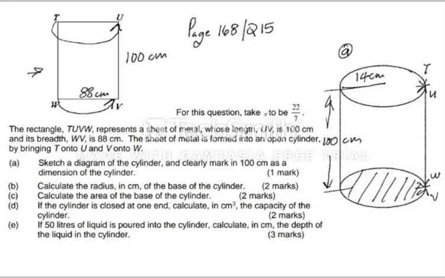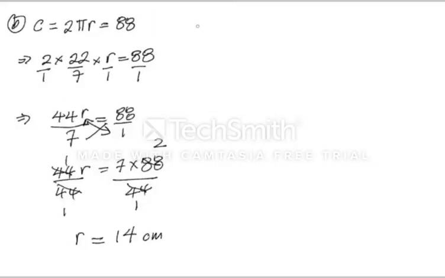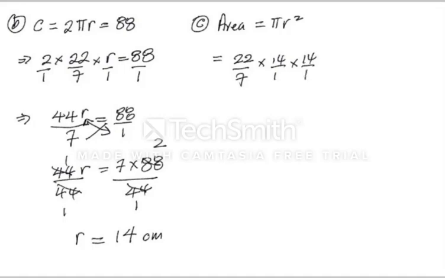It's a circle, so area is equal to pi r squared, which is 22 over 7 times 14 over 1 times 14 over 1. 7 into 7, 1, 7 into 14, 2. That's 44 times 14.